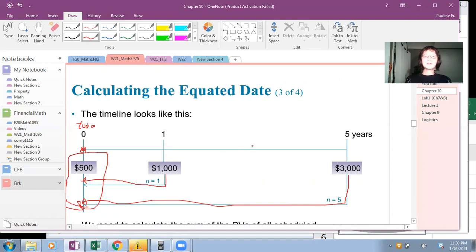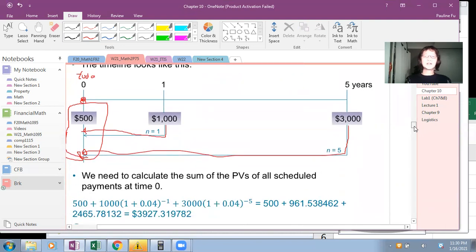And then we have future value, 5,000. So we want to calculate the term N, how long. Go back to how we calculate the present value for this $1,000.